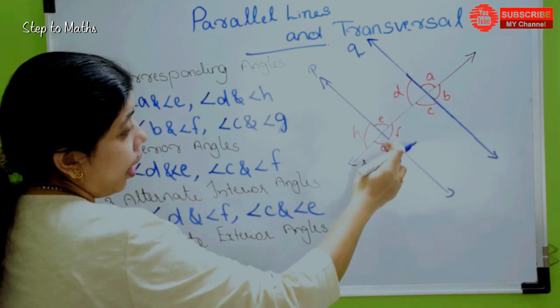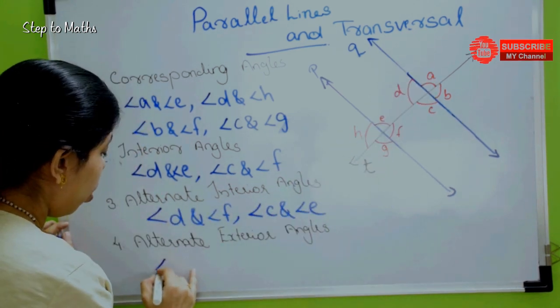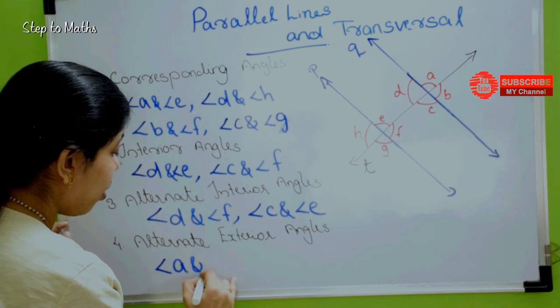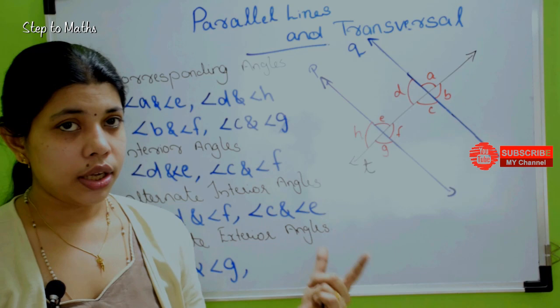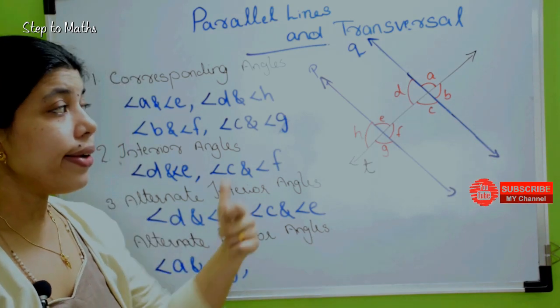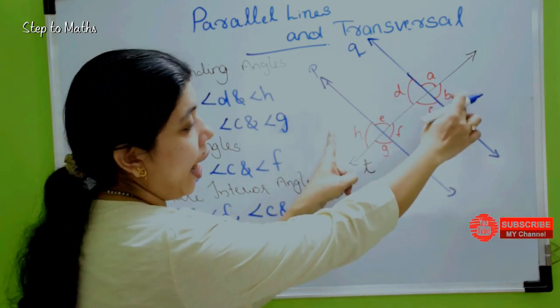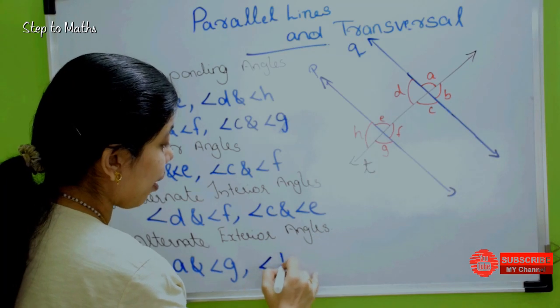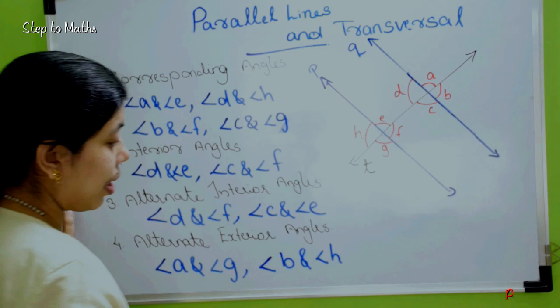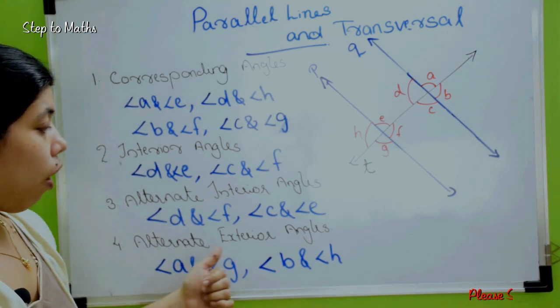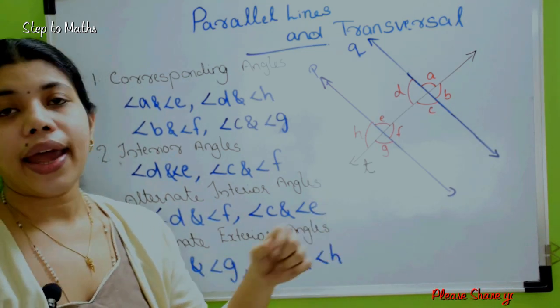Angle A and angle G are one pair of alternate exterior angles, and angle B and angle H are the other pair of alternate exterior angles.